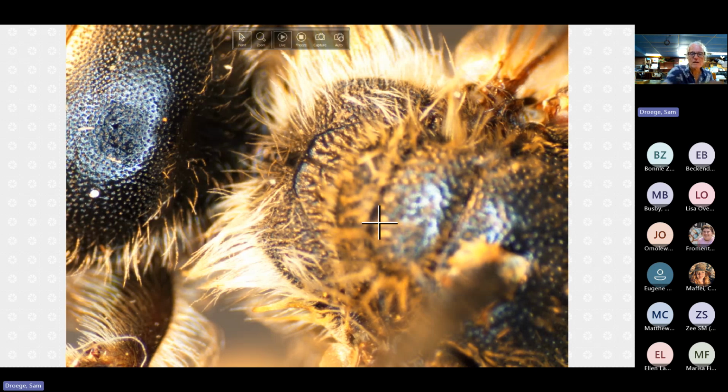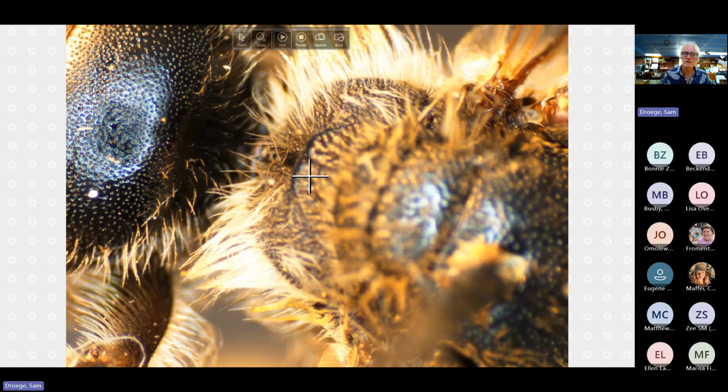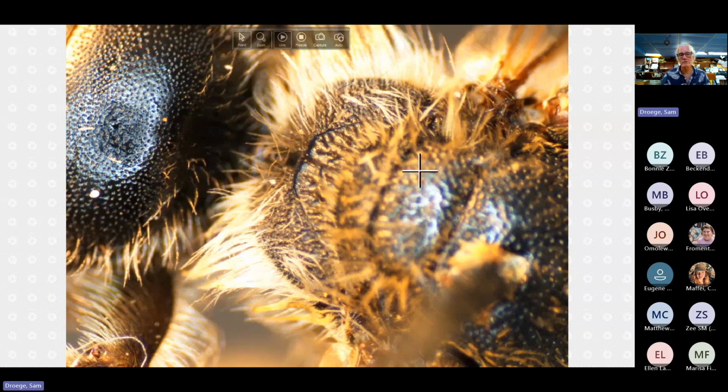Oh, in this particular angle, you can see very crisply the carina that defines the edge of the propodeal triangle. And you can see that the triangle extends further down. Can't see it well, over the edge here, but it is cut off by this carina, which helps define the species group.